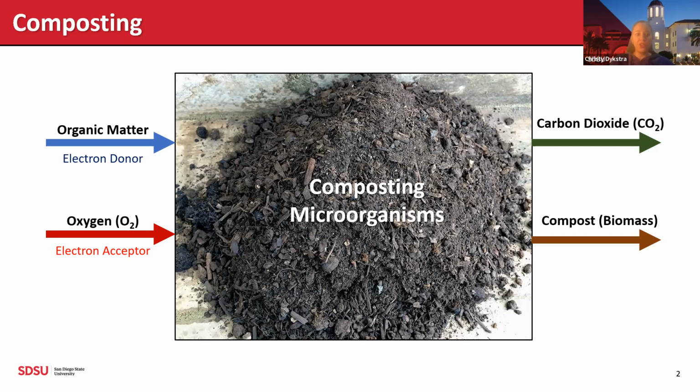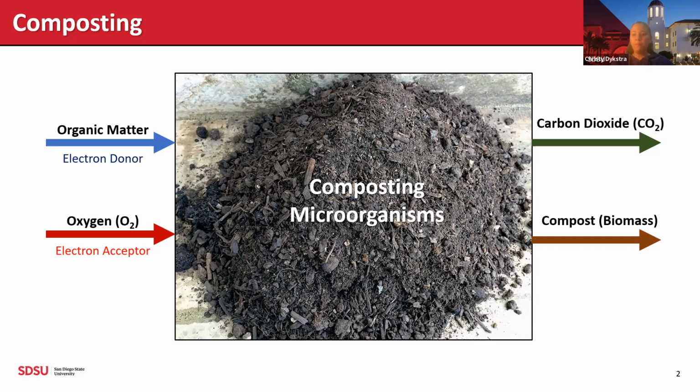All right, so introduction, we're going to start with some composting, and you've probably heard of composting before. People do this at home. People do this at a medium-sized scale, even at San Diego State University. Over by our greenhouse on campus, we have a compost pile where we take the food scraps from the daycare facility and use those to produce compost.